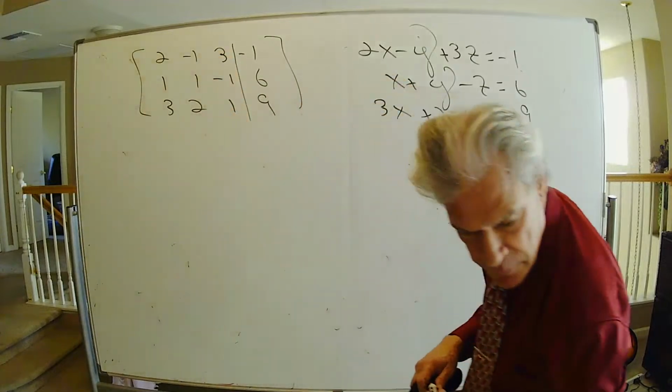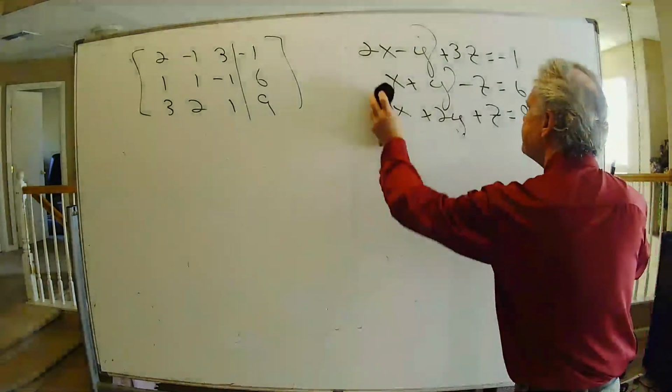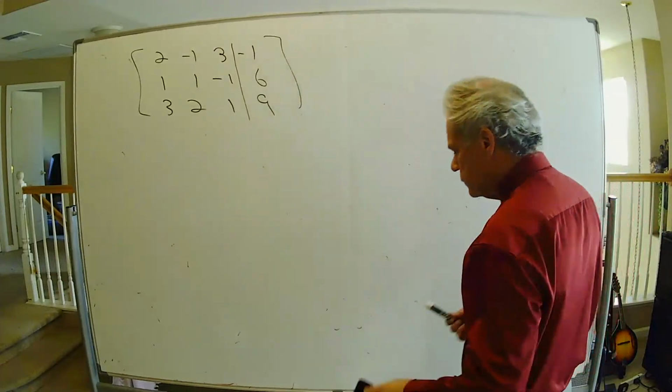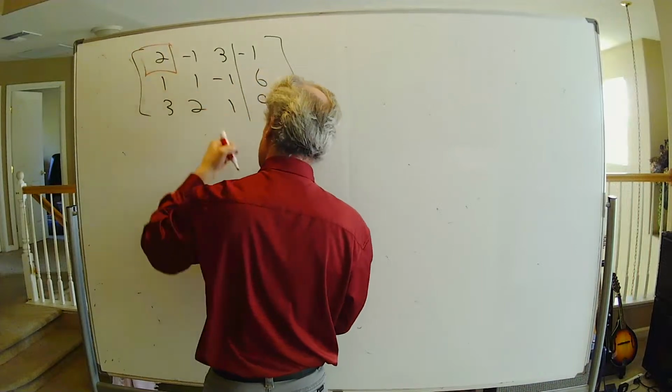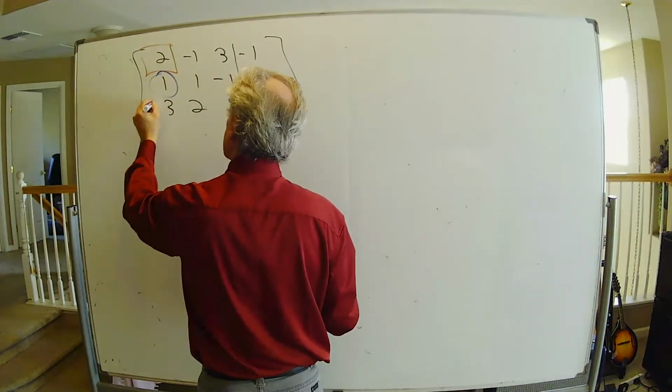I'm going to erase my system, but let me just make sure I wrote down my numbers correct, my coefficients. And looks good. All right, I like it. So let's plant our feet on the first column. Force the entry in the first column that resides along the main diagonal to be a 1. When we're done, we'll force everything else in that first column to be a 0.